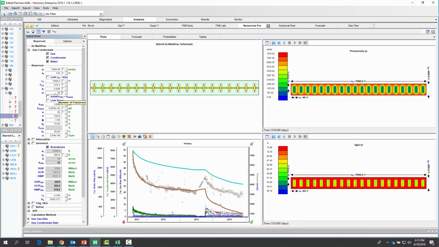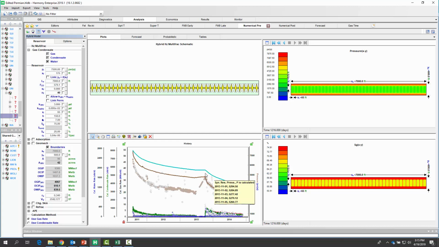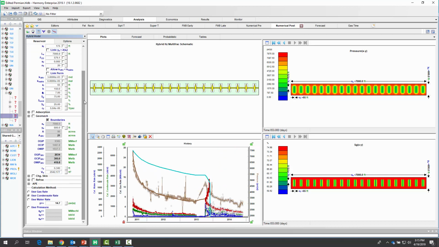But if I wanted to represent after the well was refractured, I'd have to change this to 40 fracture stages. I do a new history match, and now we get a good match on that part of the well's life. So we've had to accept this as a limitation. We have to either match the before or the after part of the well's life. What's special about Harmony Enterprise is we can actually take care of this and match the entire thing.